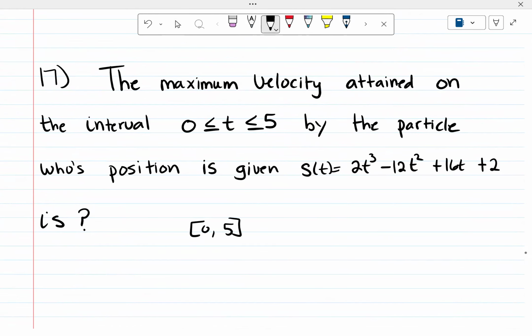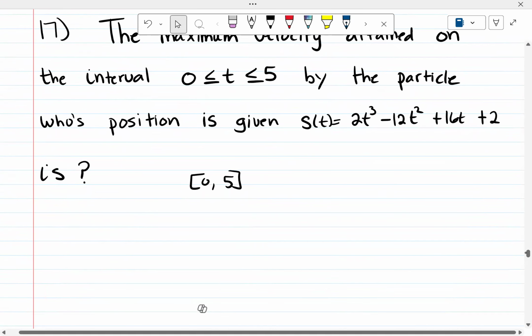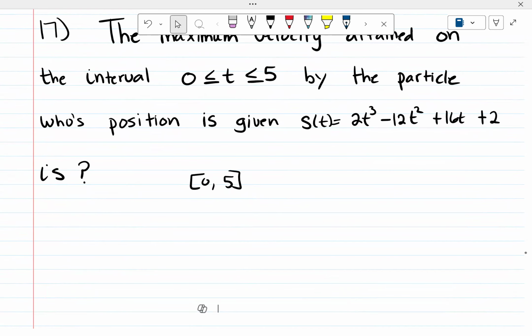These are your x values as well. And what we need to do is first find our critical values, because we have to find v prime of t, which is a of t.